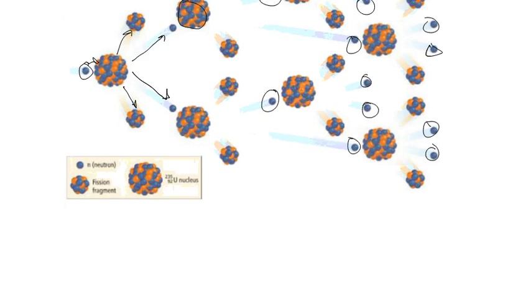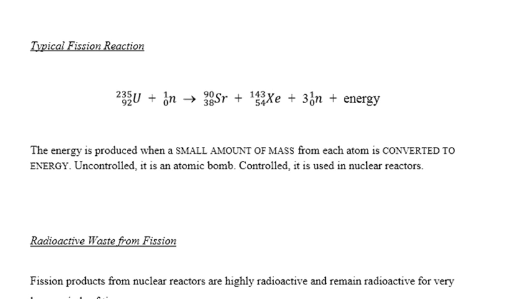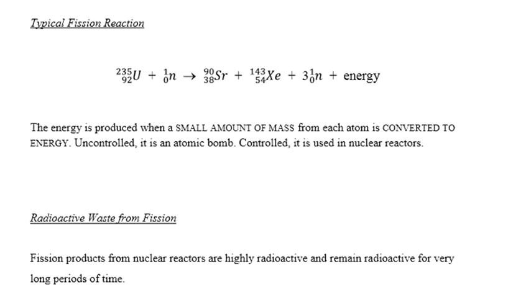A typical fission reaction looks like this. You have to be able to recognize that something heavy gets hit by a neutron. It forms fission fragments, and it can be a whole bunch of different fragments, but more neutrons. So this one neutron releases lots of neutrons, and that's what causes the chain reaction to happen. It also gives off a lot of energy.